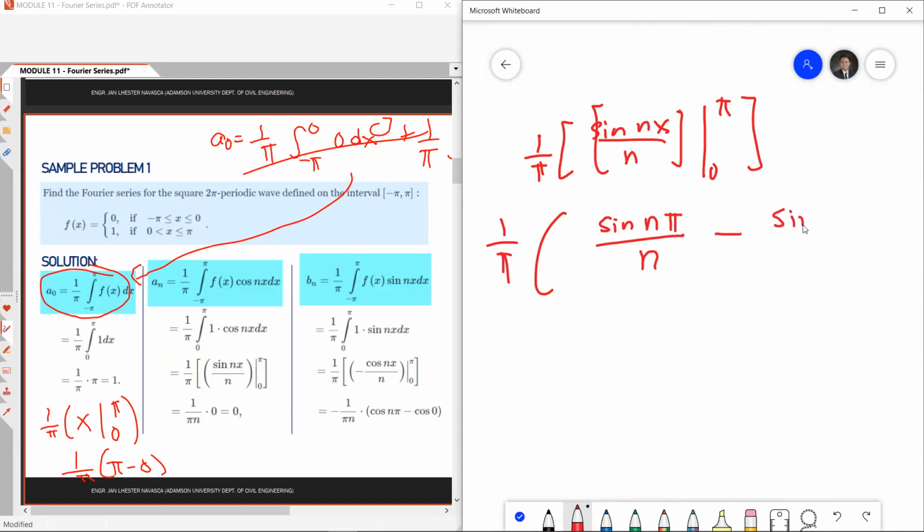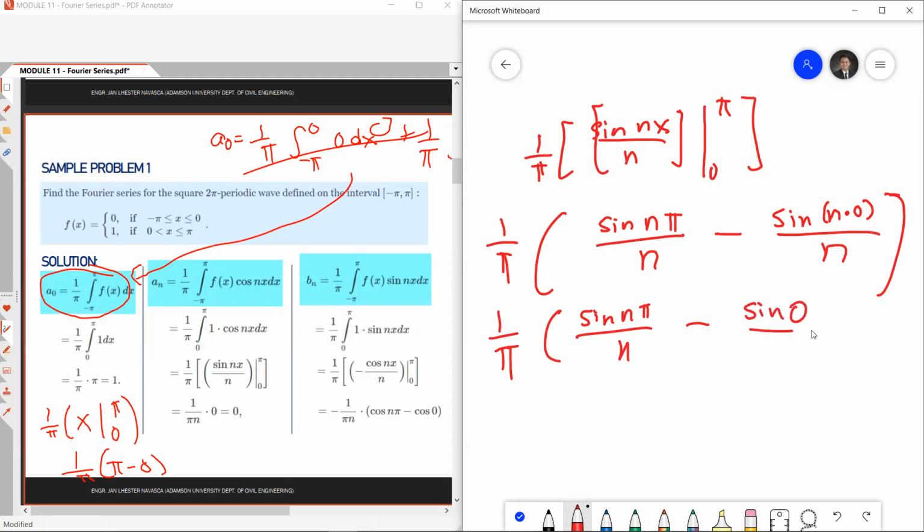Minus sine of n times 0 over n. So that is equivalent to 1 over pi, sine of n pi over n minus sine of 0 over n, since sine of n times 0 is sine 0.